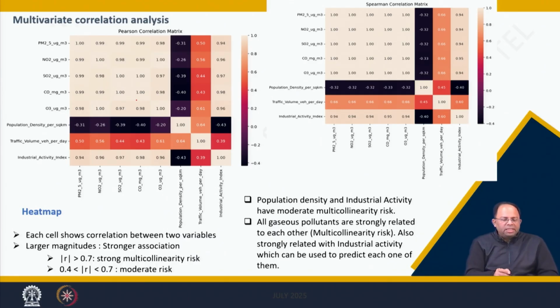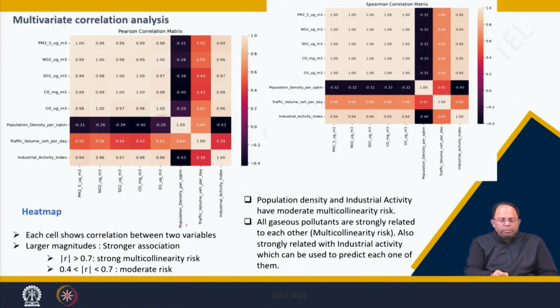Over here you can see the heat map where each cell shows the correlation between two variables, and of course, the larger magnitude usually means a stronger association. I will not say darker, because that is not how you perceive it, that is again another thing. But what we can say is that all the coefficient values are given within 2 decimal points, and we can just take a look and see what is related with what.